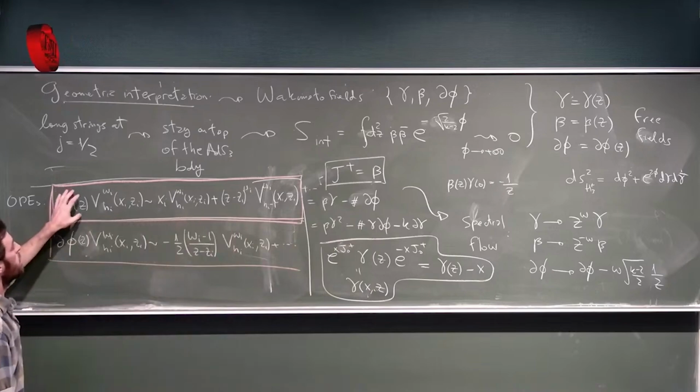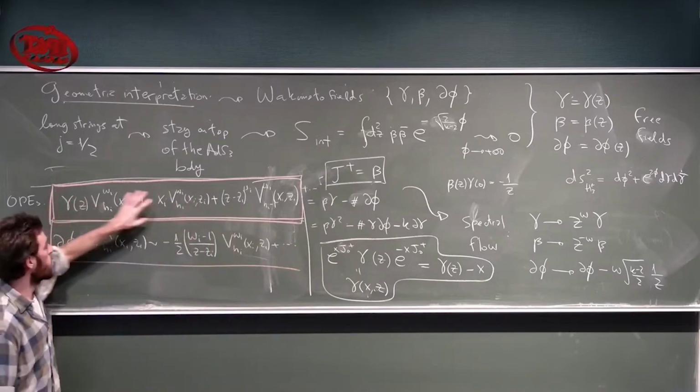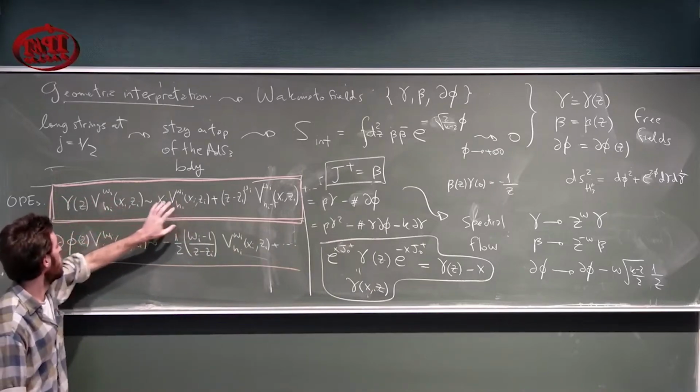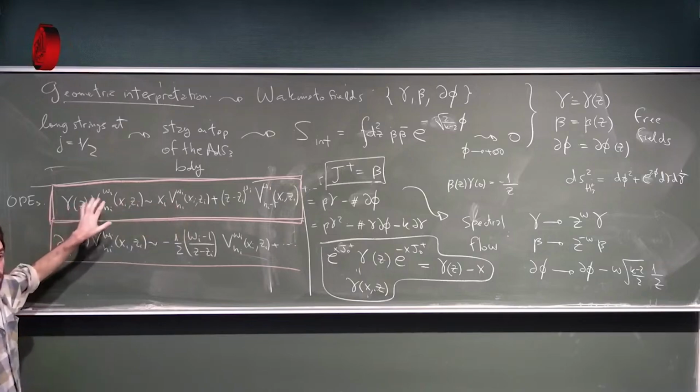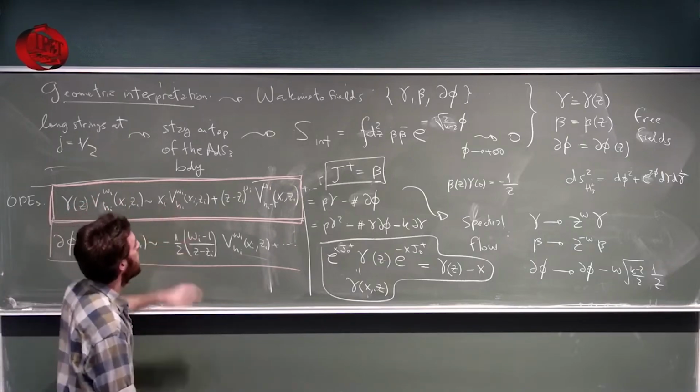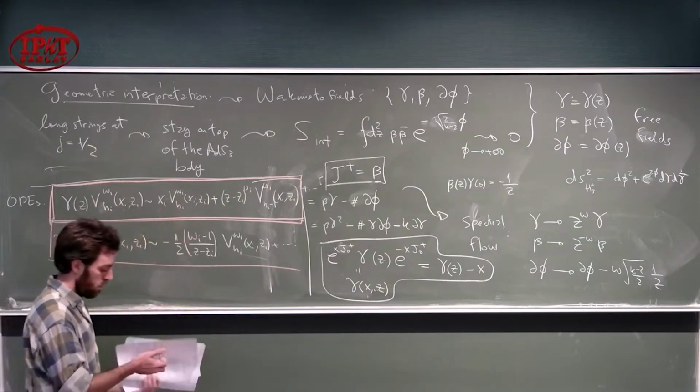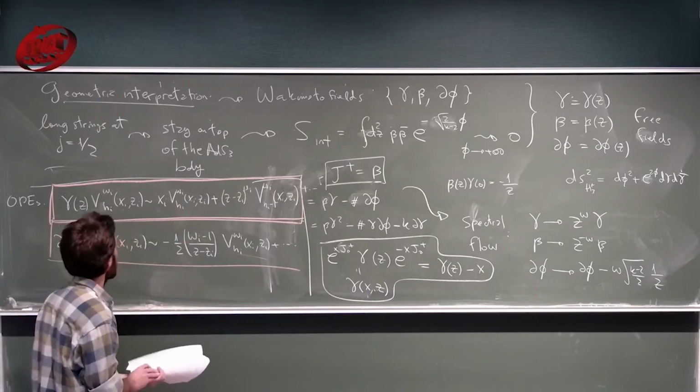That's why if I translate everything to x equals 0, I move the x to the side and I get gamma minus x. Okay, that's fine. And the second term, so this is why I get this x here.